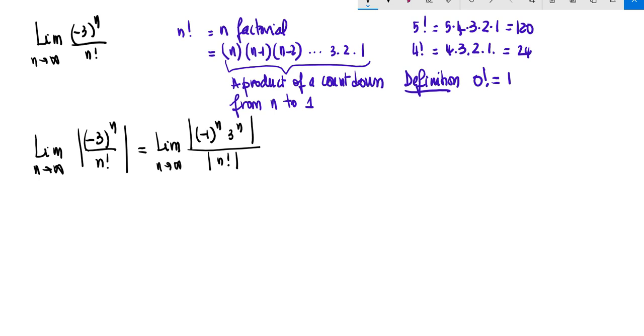And you know that n factorial is always positive, so we can remove its absolute value. It's just n factorial, and this will be the absolute value of (-1)^n times 3^n, because 3^n is also positive. And again, since (-1)^n is plus or minus 1, its absolute value is always 1. So this ends up being the limit as n is approaching infinity of 3^n over n factorial.